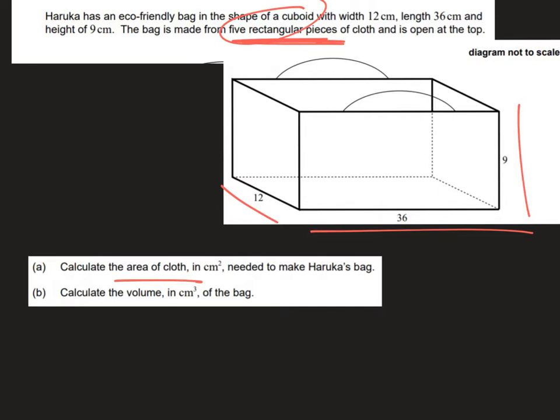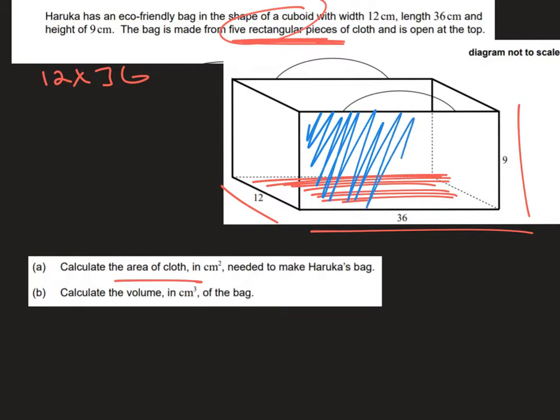So let's start with the base. So this is the base of the bag, and we can see that that is going to be 12 by 36. Now we can also see that we've got the front panel here, which is going to be 9 times 36.